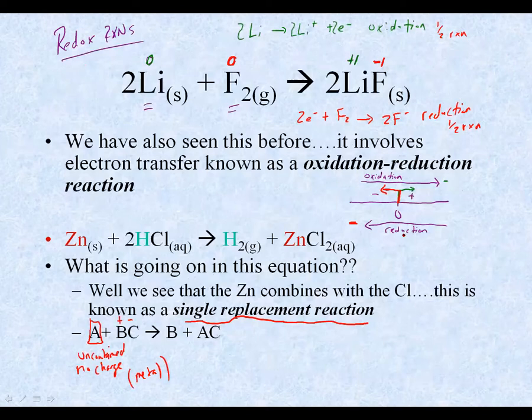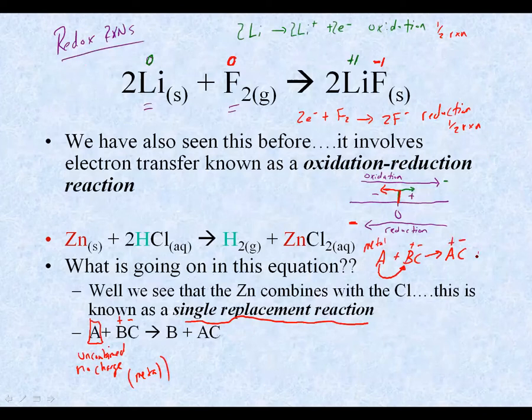And basically what's going to happen in this case is, if this was a metal to begin with, the metal does not have a charge to begin with, but when it does gain a charge, it would become positively charged. So it's going to come in and kick out the positive guy. And when it kicks out the positive guy, it will make a new ionic compound with the negative one that's there.